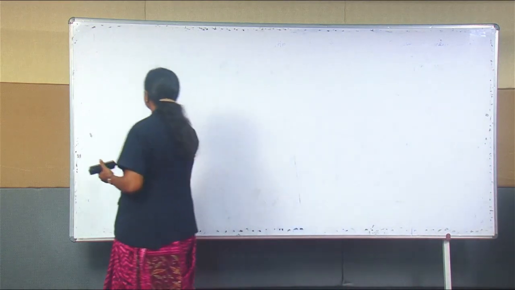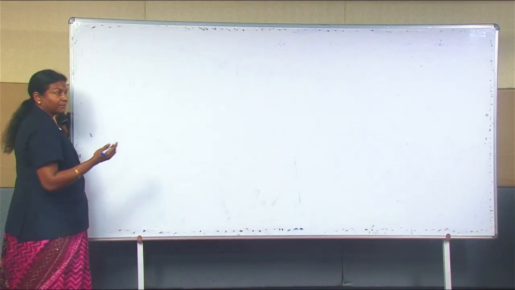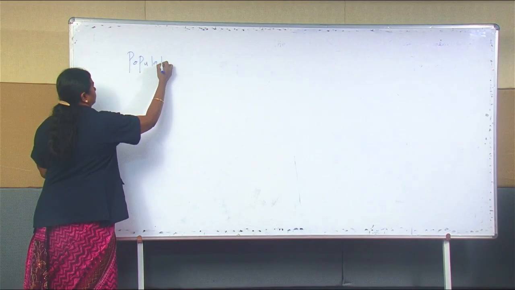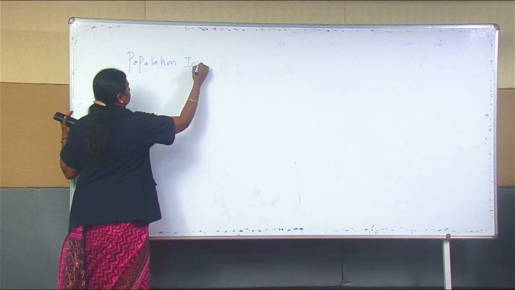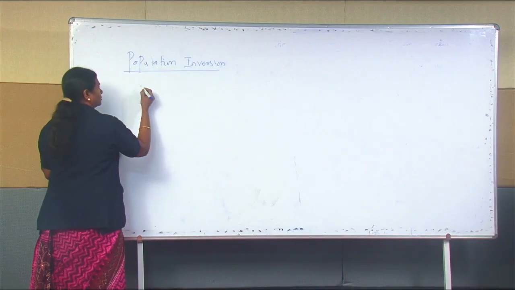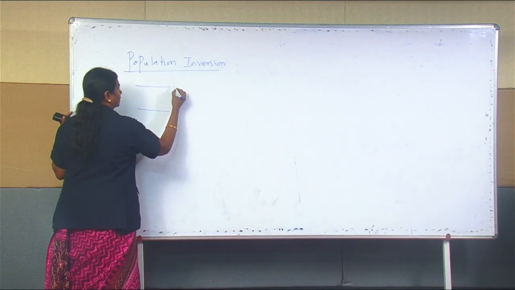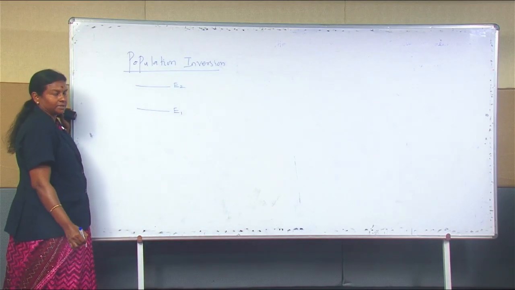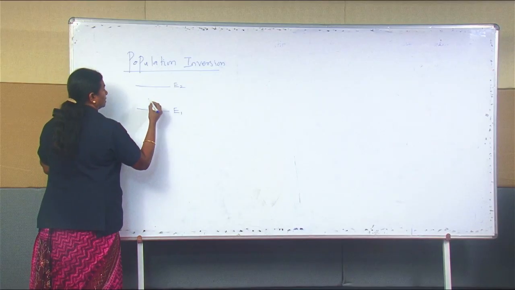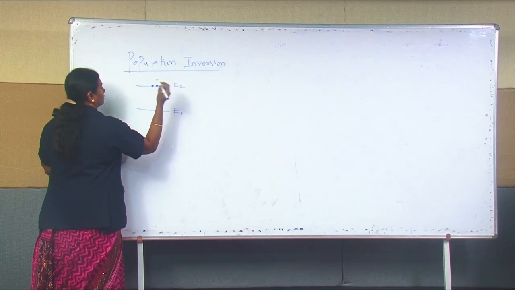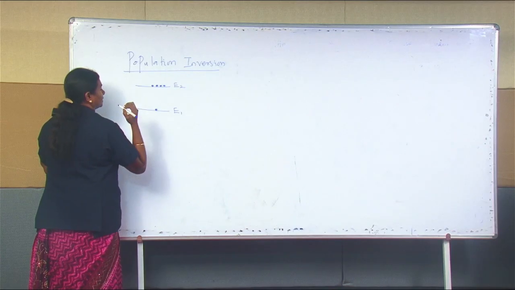So, next we will see, already I told you what is meant by population inversion, just I will tell you. Population inversion. For this also you need to consider two energy states E1 and E2, and here I am showing the number of atoms.